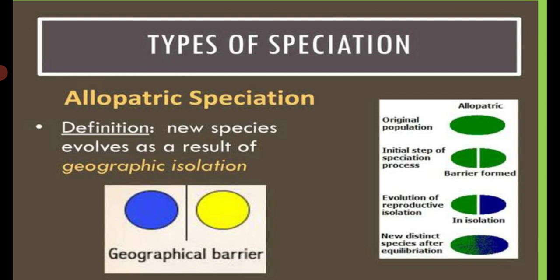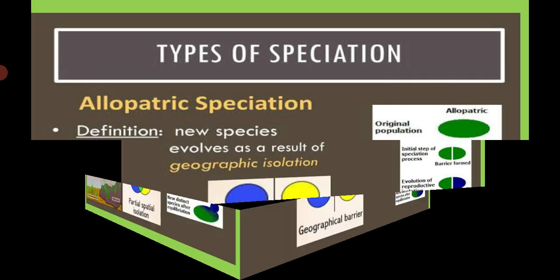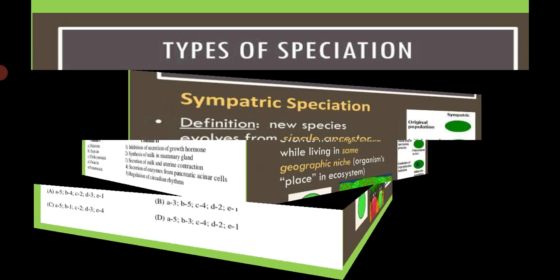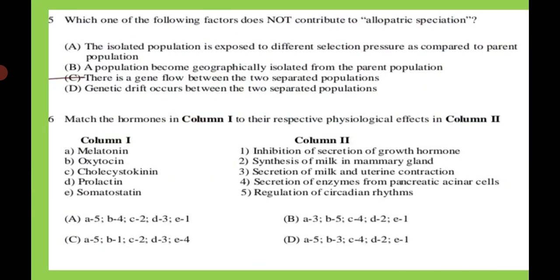The original species and the new species do not mate with each other, and they are separated by a geographical barrier. This type of speciation is known as allopatric speciation. So for this question, the answer is option C.